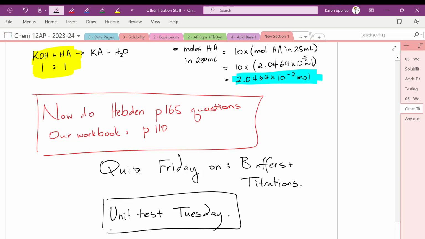I think we'll be able to get deep enough into the electrochem that you can do some useful stuff over the break, like AP questions that have an electrochem aspect that we haven't been able to do yet. Like part A is electrochem and then part B is whatever.